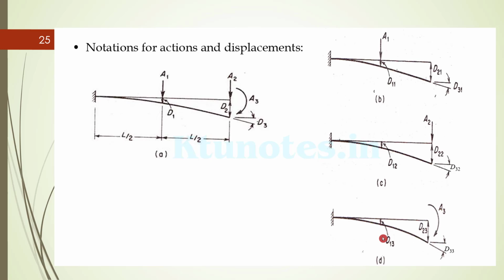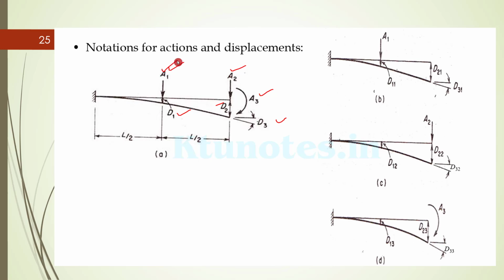Now we are going to study some notations for the actions and the displacements. Always the actions are denoted by A, and the displacements are denoted by D. This is a simple cantilever with a free end, acted on by the A1 load.